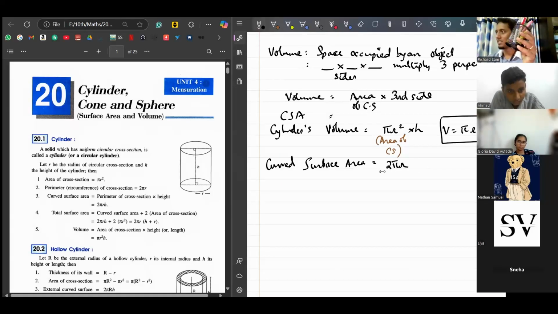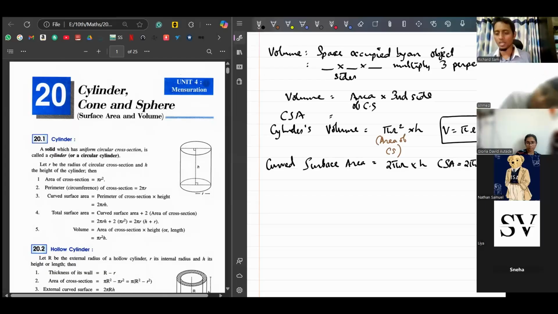Remember, 2 pi r is the circumference of a circle formula. You've learned that in smaller classes. All right, so 2 pi r you have to multiply with what? Multiply with the height. Okay, so curved surface area formula is 2 pi r h.